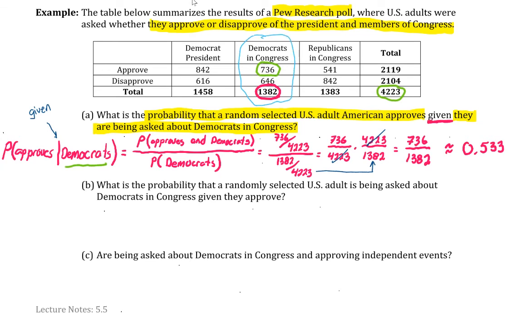Notice that the probability that the U.S. adult American approves, given that they are Democrats, could be calculated by just looking at those that were both approving and being asked about Democrats divided by that column total. This alternate approach is generally preferred. Again, when we read this condition, we think of the condition as restricting ourselves to just that group of people.